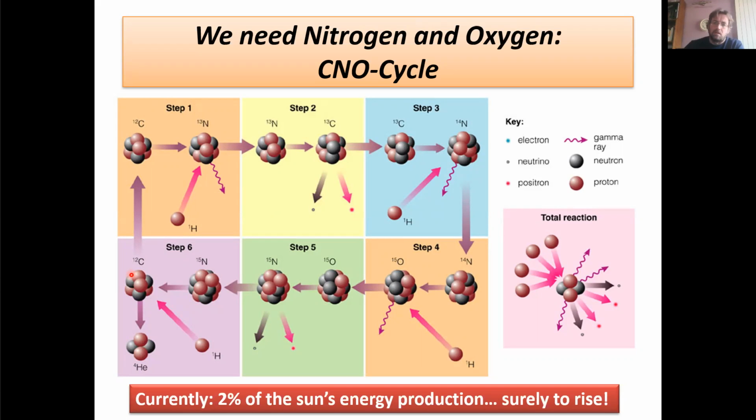So this is good to create the nitrogen in between. And it's an energy production mechanism. At the moment, it contributes to the sun 2%. It's going to rise. For heavy stars, this contributes already much more.